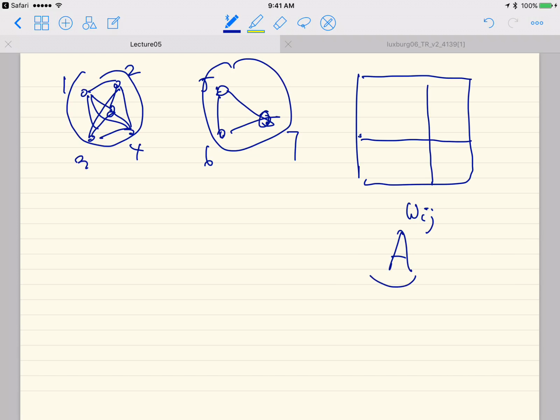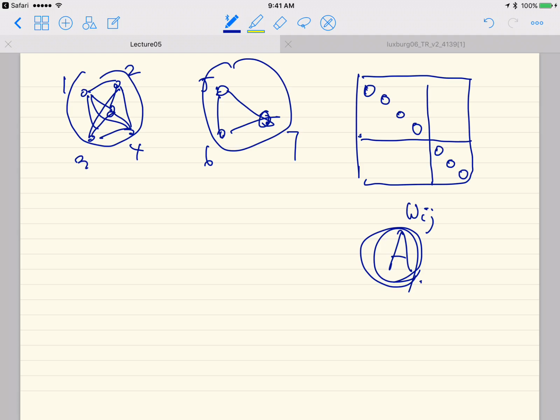Our adjacency matrix A will have a block diagonal structure, and the off-diagonal blocks will be all zeros. So we are considering matrix A, the adjacency matrix. And what about the edges?